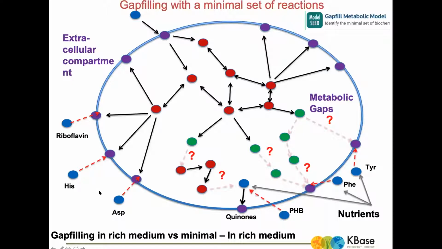In rich medium, all these compounds are given in the media formulation. So what the model does, it simply uptakes these compounds into the model and satisfies the biomass. So any of these gaps inside the cell needed to biosynthesize wouldn't be filled, wouldn't be activated.